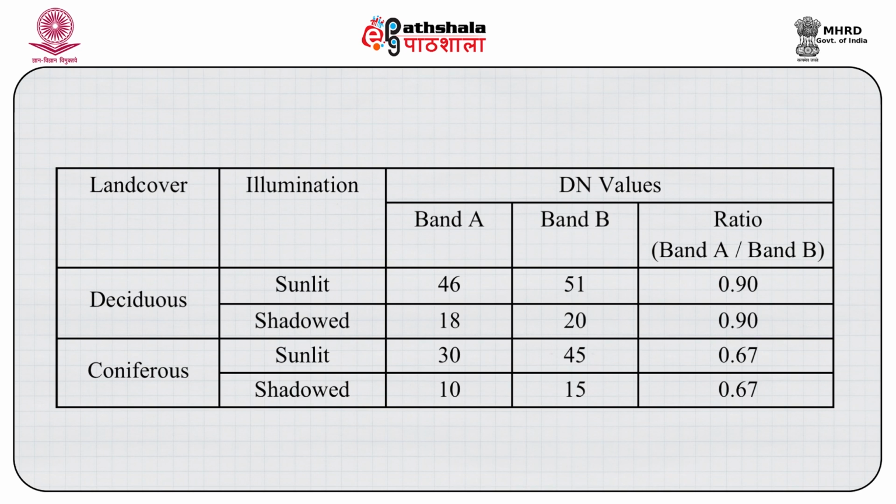Similarly, we can also notice here in the case of coniferous trees, the ratio of band A and B is 30 divided by 45, which comes out to be 0.67 for sunlit areas, and for shadowed area also it is 0.67. So, in both the cases the band ratio is not changing and it is giving two distinct classes with band ratios being distinctively at larger difference.